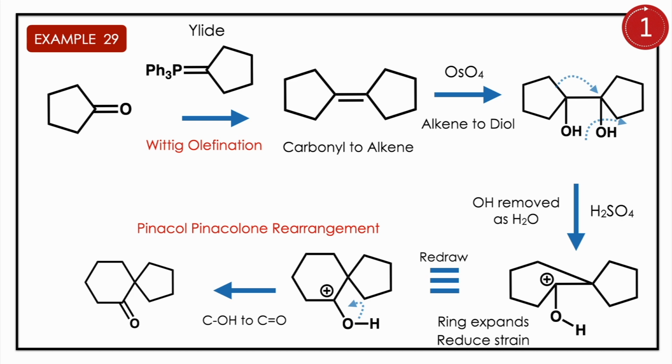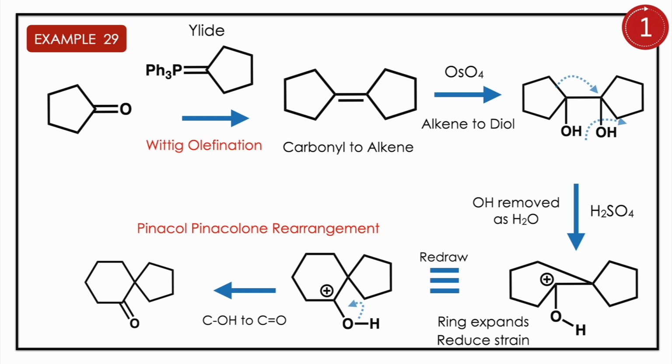This reaction is interesting because it involves all the basic reactions. The first step will be the ylide and carbonyl reacting to form the Wittig product. Here you have two cyclopentyl groups fused through an alkene. In the next step you are using osmium tetroxide, which converts the alkene into a diol. Then you are using sulfuric acid.